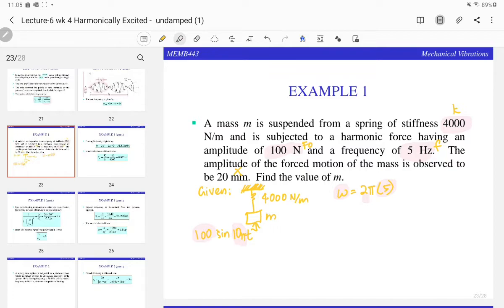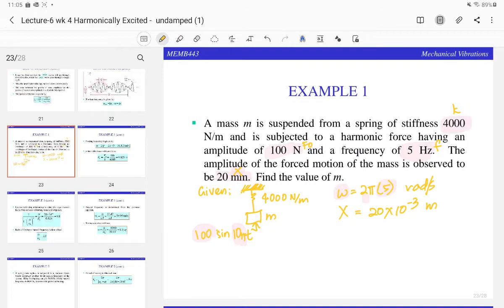The amplitude of the forced motion of the mass is observed to be 20 mm, which is your capital X. Don't forget to put everything in standard units, so omega is in radians per second, and your capital X should be 20 times 10 to the minus 3 meter.